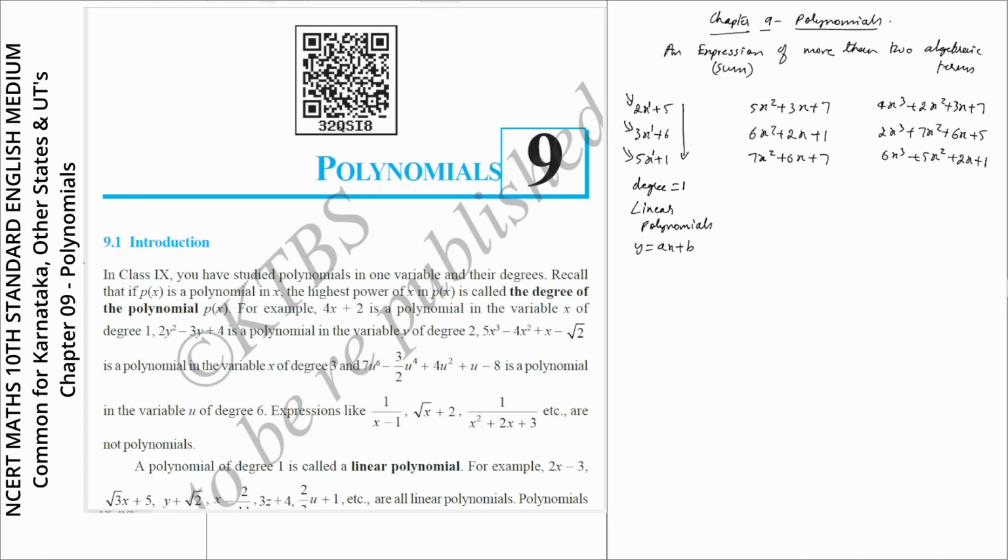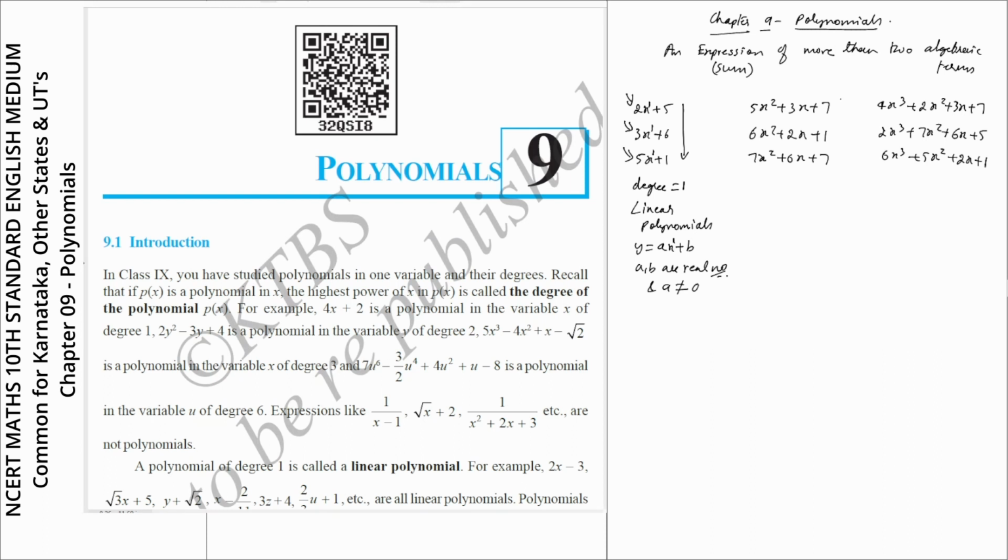So the highest power of x is 1. ax means it is ax to the power of 1. So here a and b are real numbers and a cannot be 0. Okay. So a, b are real numbers and a not equal to 0 is the condition.